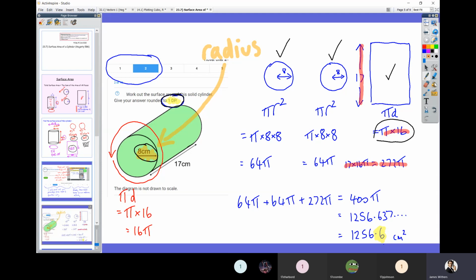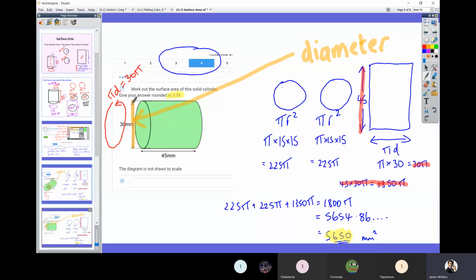When you do 3 and 4, note how they give you the diameter now. So when you need the radius, you're going to have to halve that. And note how they're now asking for 3 significant figures. Now, some of you are still getting the significant figure bit wrong, and that's very frustrating when you've got everything else right. Frustrating for you, I mean. So with this answer here, we got 5654.8 something. I can't read that, and it's got a black box on top of me.